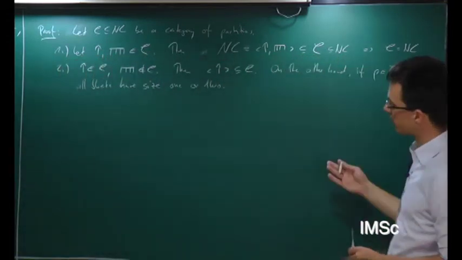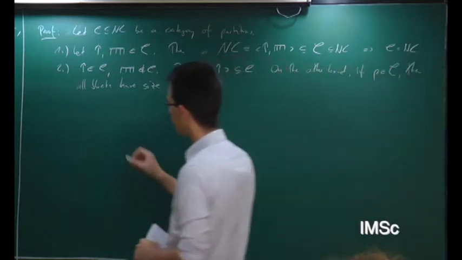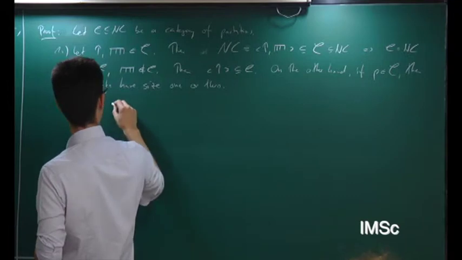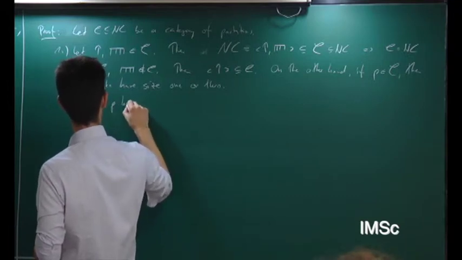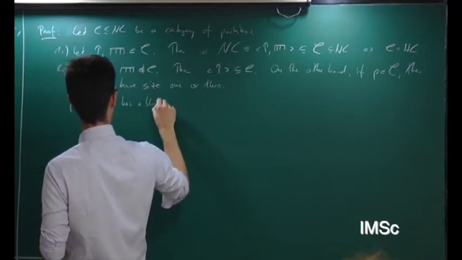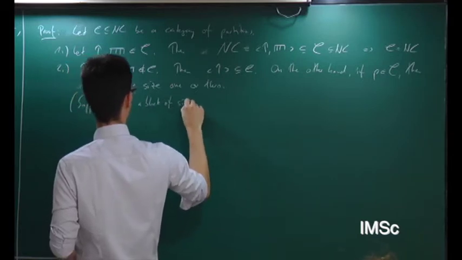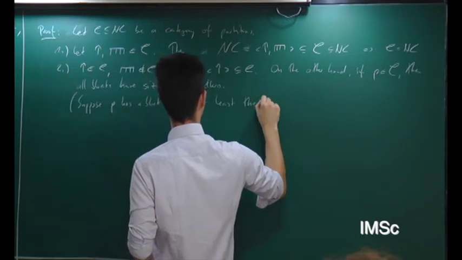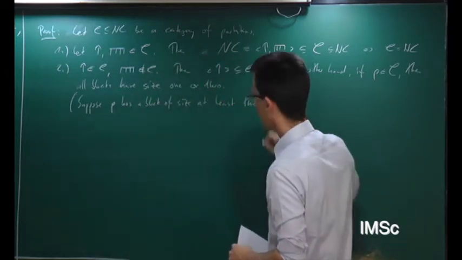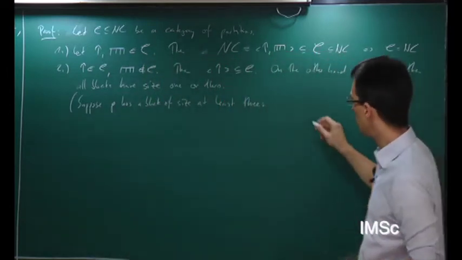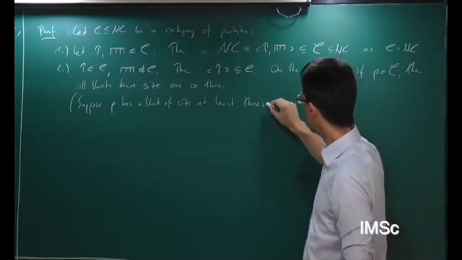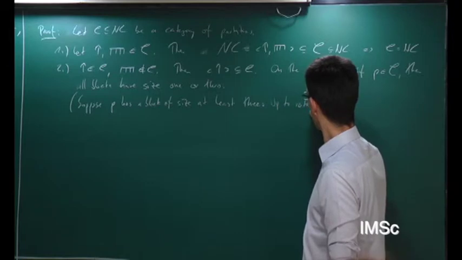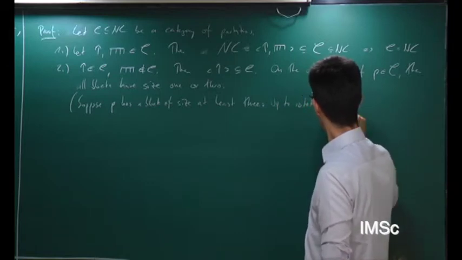Okay, how comes? Suppose P has a block of size at least 3. How does P then look like? Well, up to rotation, P is of this form.